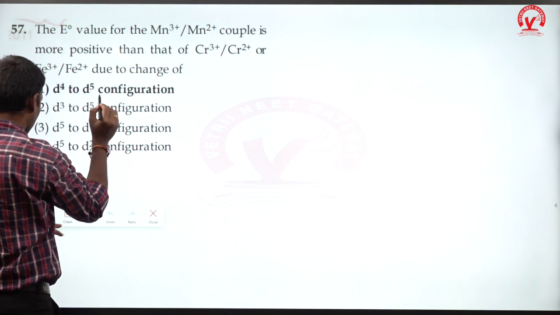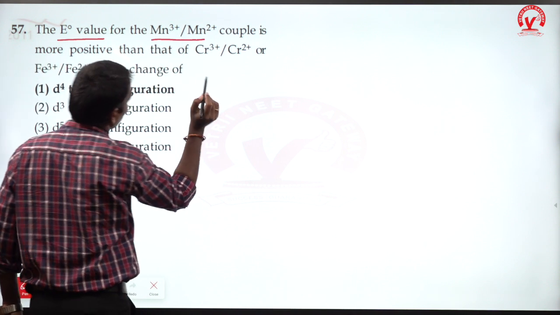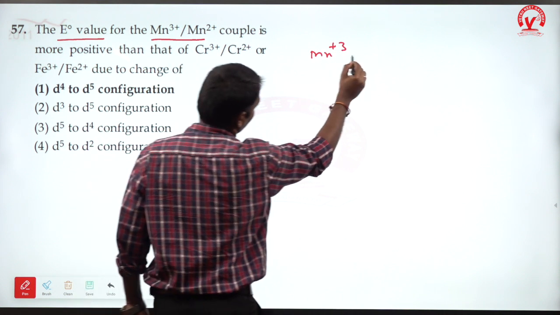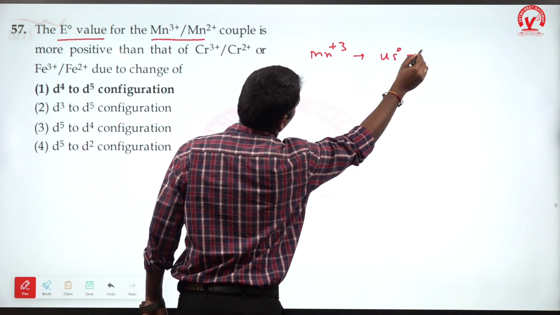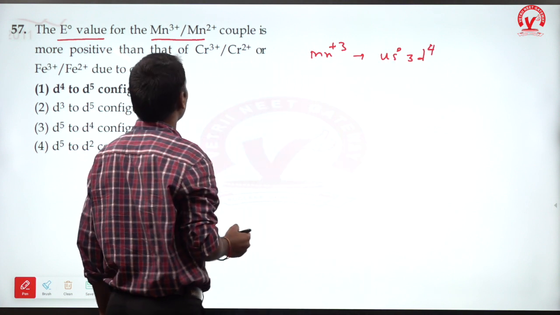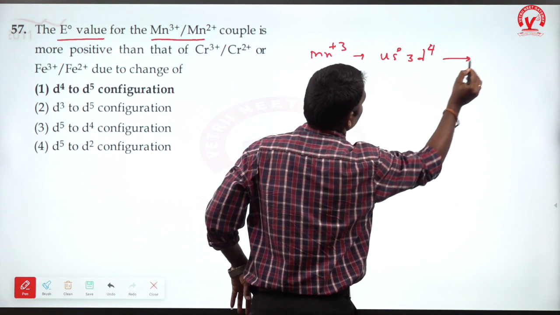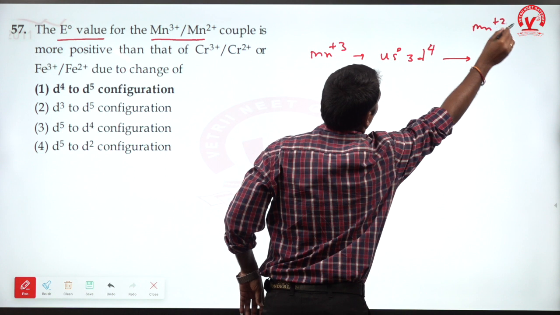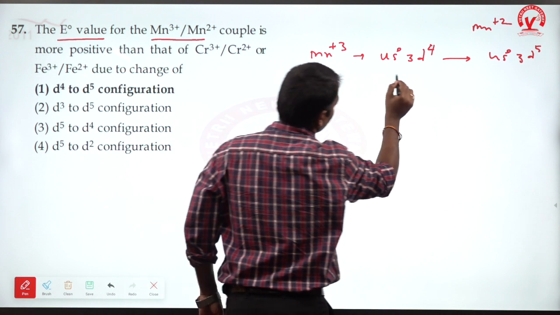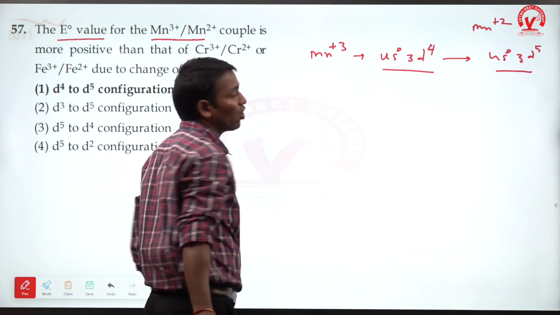Mn3+ changes to Mn2+. Mn3+ is 4s0 3d4, and it changes to Mn2+, which is 4s0 3d5. So 3d4 to 3d5 means converting to a stable electronic configuration.